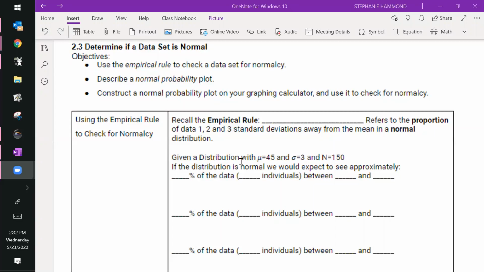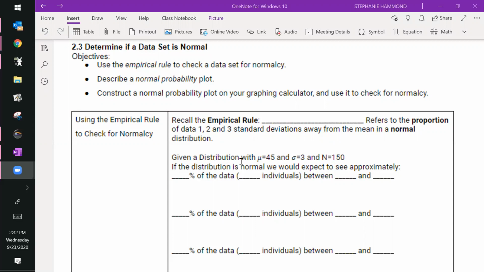We've already talked about normal data sets. We've talked about how a normal distribution is symmetric and bell-shaped. And so we can determine if a data set is normal simply by looking at that distribution and generalizing.